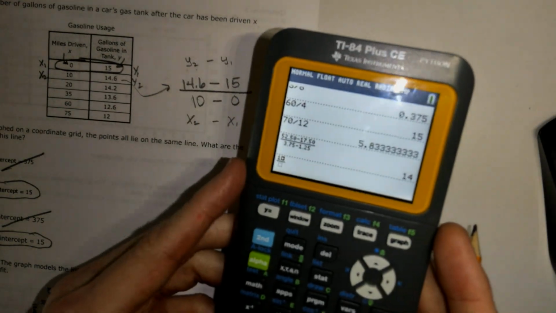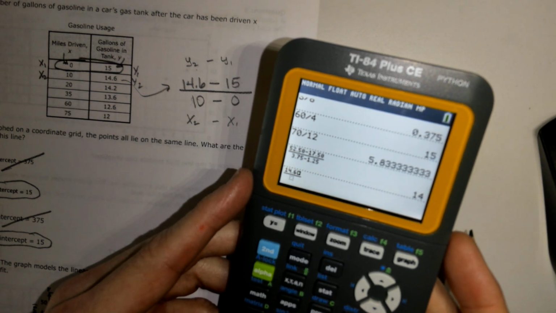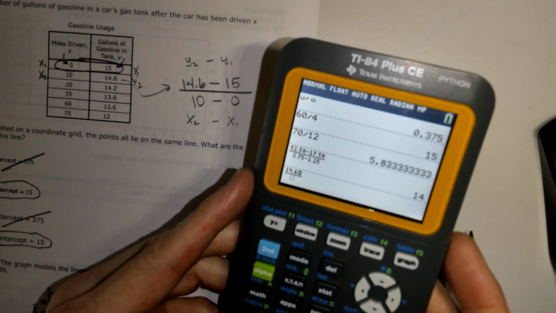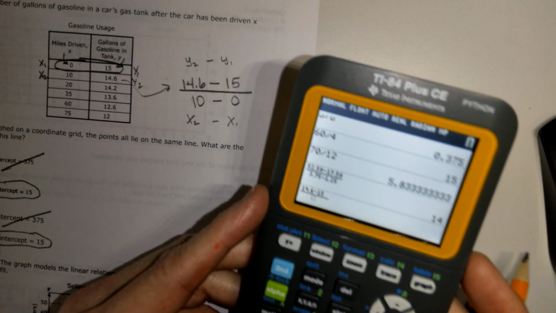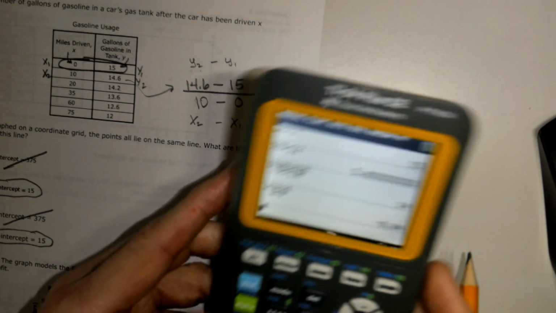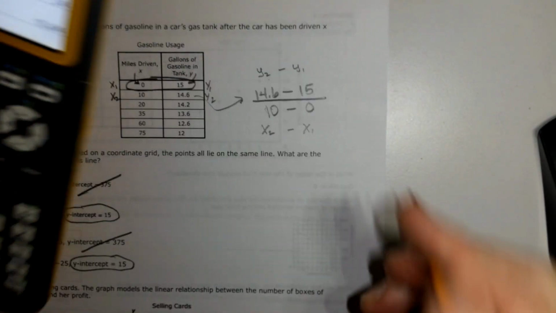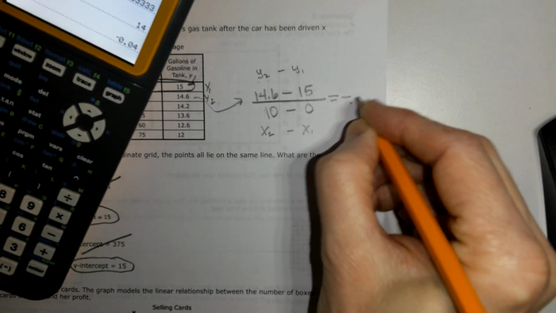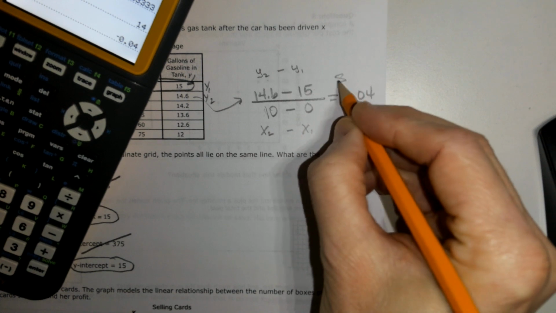Get your fraction framework up. 14.6 minus 15 over 10 minus 0. And I see I have a negative 0.04 as my slope.